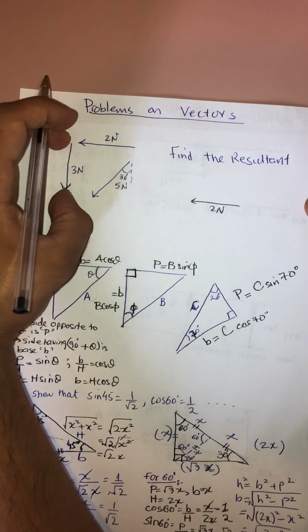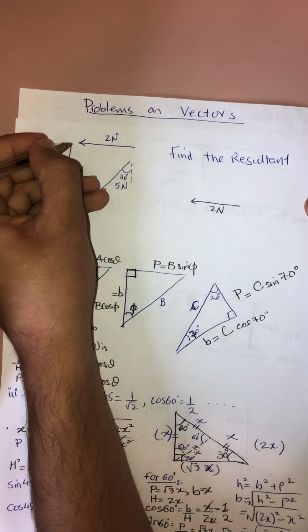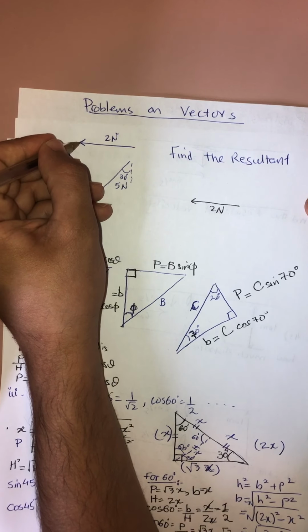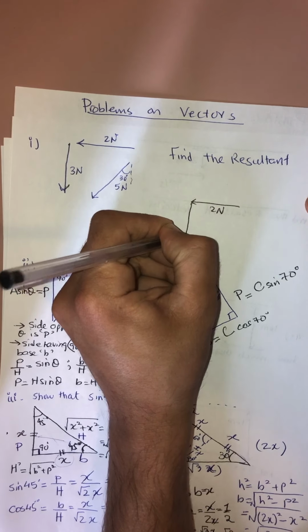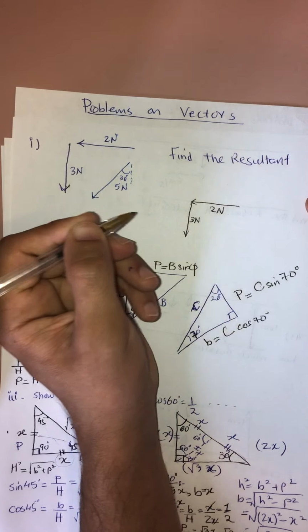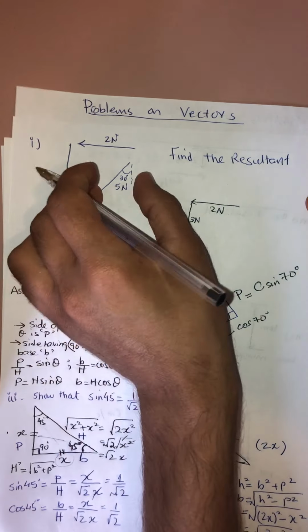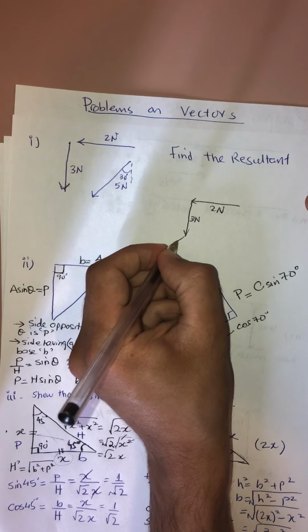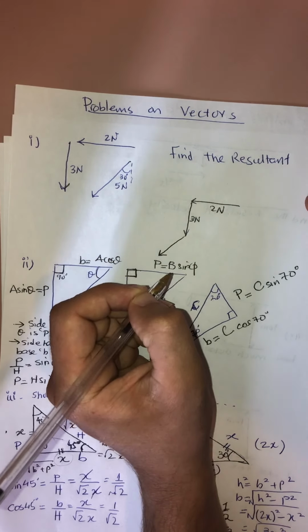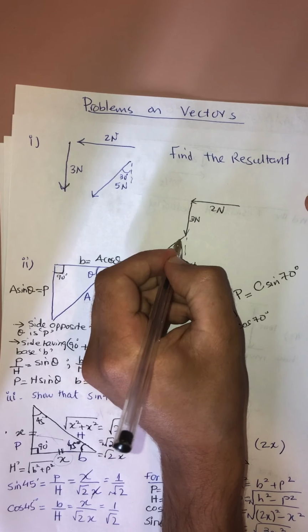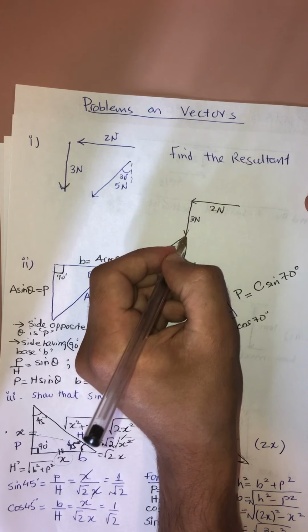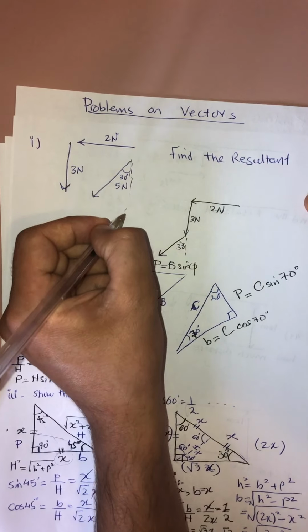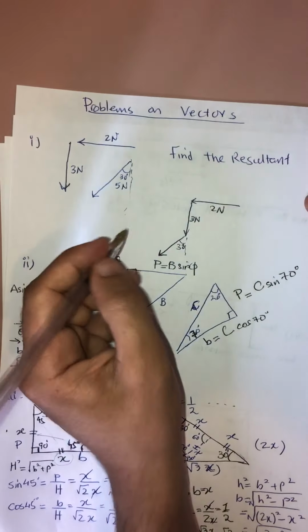Now put the second vector in such a way that its tail coincides with the head of the first vector, 3 newtons. Okay, and then the third one, the same procedure, which is this one. And it makes an angle of 30 degrees with the perpendicular, with the y-axis.